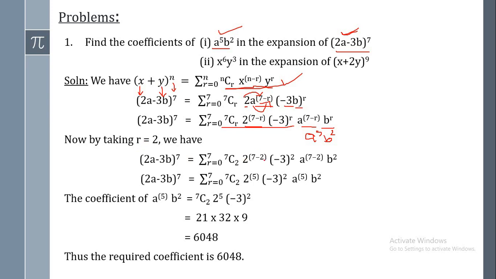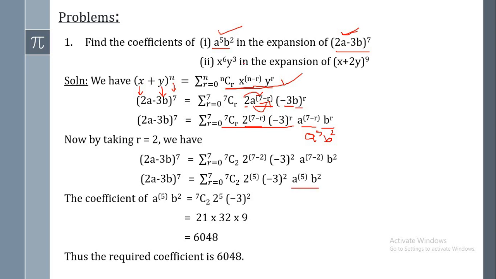So 2 power 7 minus 2, minus 3 square, a power 7 minus 2 and b square. If we solve this, 2 power 7 minus 2 is 5, so 2 power 5, minus 3 whole square, and a power 7 minus 2 is 5, so a power 5 and b square.